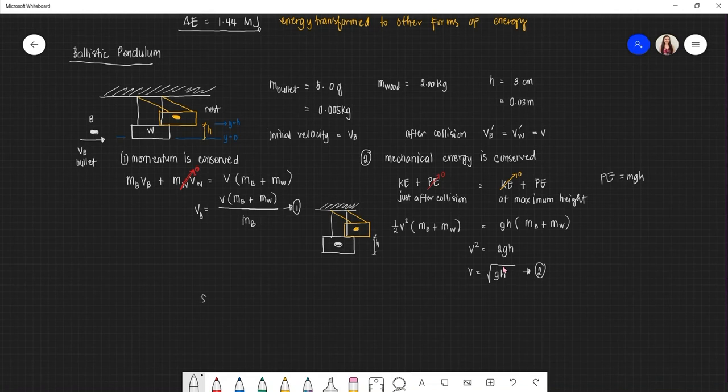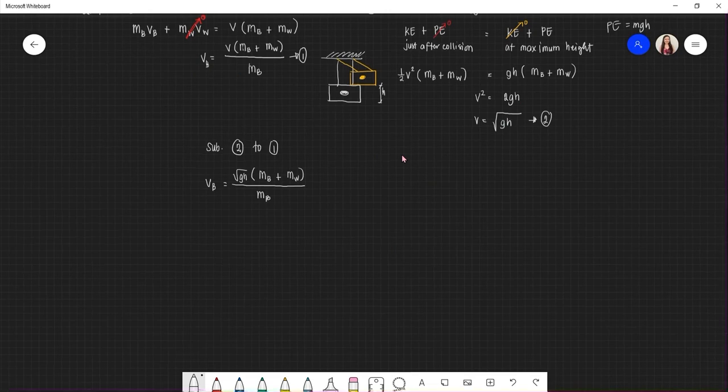So substitute equation number 2 to equation number 1, then the velocity of the bullet is equal to square root of 2gh, times the mass of the bullet plus the mass of the block of wood divided by the mass of the bullet. Okay, and then you just substitute the values.